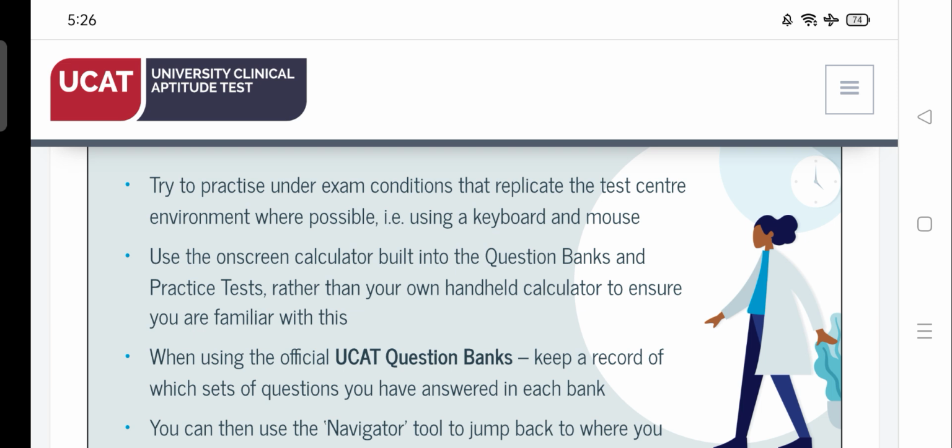So if you are practicing these question banks just sitting in your home, in your room, you don't need to use a handheld calculator to solve these questions. You have to use the on-screen calculator, so you will become more familiar with it for your test. You will not find any difficulty during your test, so you can use it easily there. That's why you should always practice with the on-screen calculator rather than the handheld.